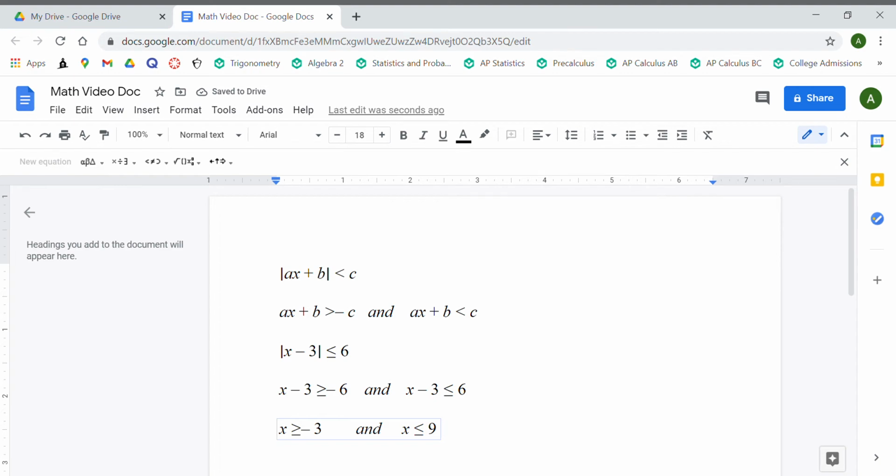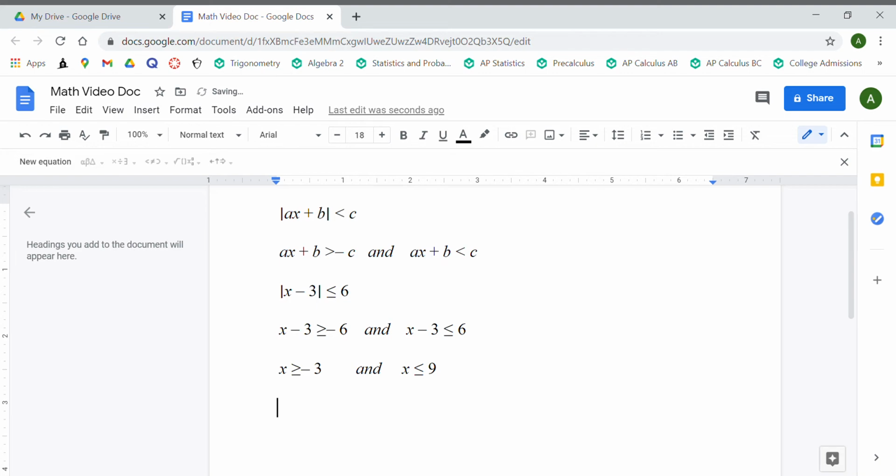Now notice that this is pretty much the informal version of the inequality we're trying to write. So we need to combine the two. We put x in the middle and make sure all arrows are pointing to the left, with the smallest value on the left side: negative 3 is less than or equal to x, less than or equal to 9.